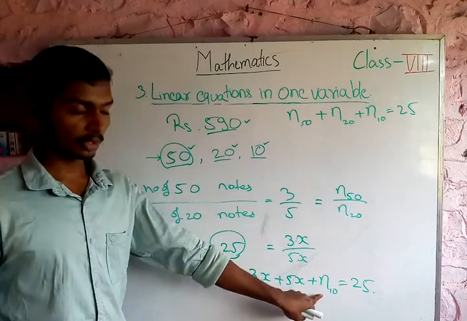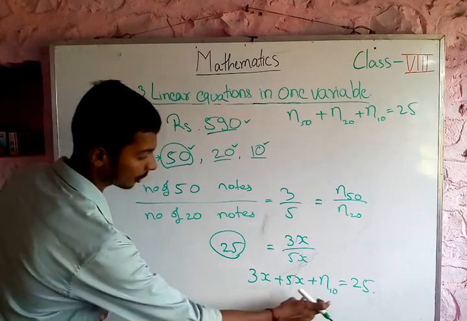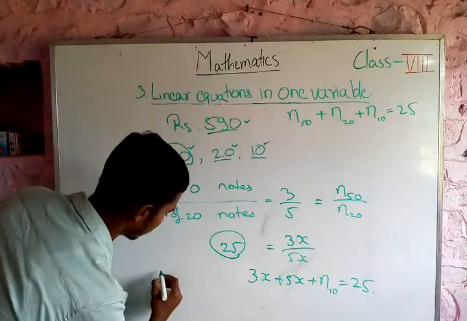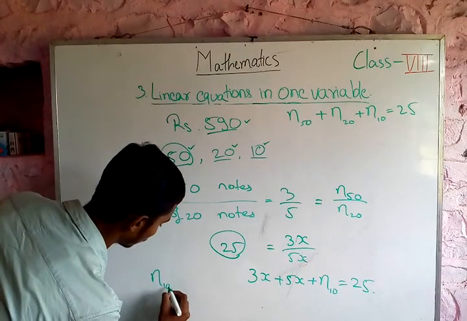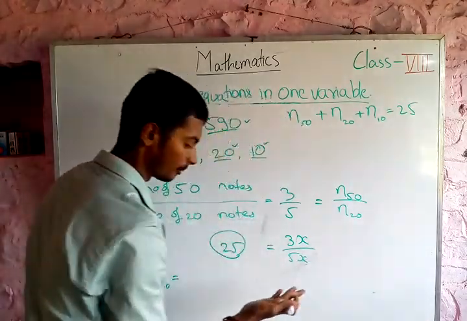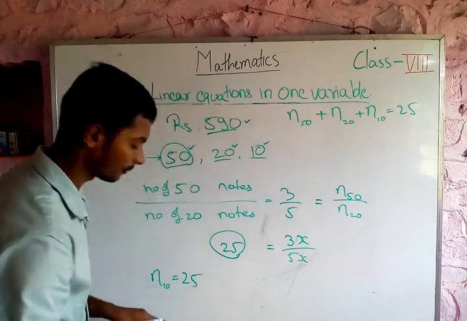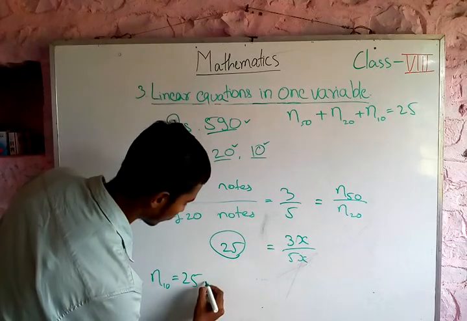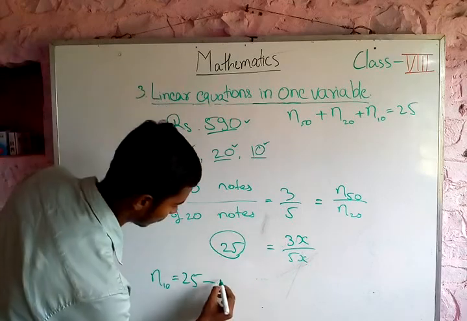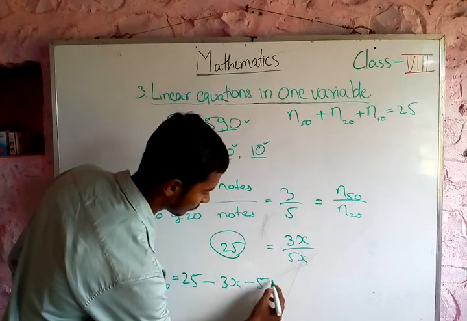So the number of 10 rupee notes will be equal to, wait, let me tell you in a simple way: the number of 10 rupee notes is equal to the total number of notes, 25, minus the 50 rupee notes, that is 3x, minus the 20 rupee notes, that is 5x.